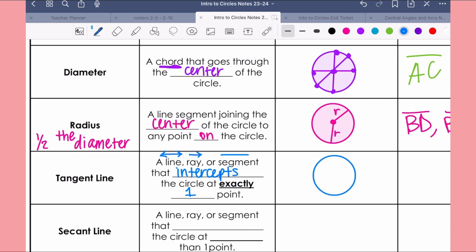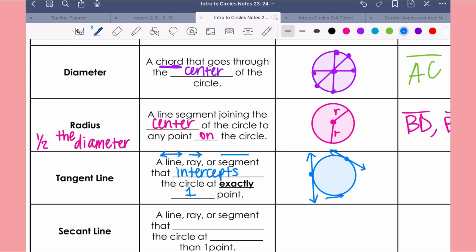Intercept means you touch it. And so if it's intercepting the circle at 1 point, it's touching the circle at 1 point only. Okay, so this would be a tangent line. And I'm going to show you a different example. It could go different directions. As long as it touches the circle once, that is a tangent line.